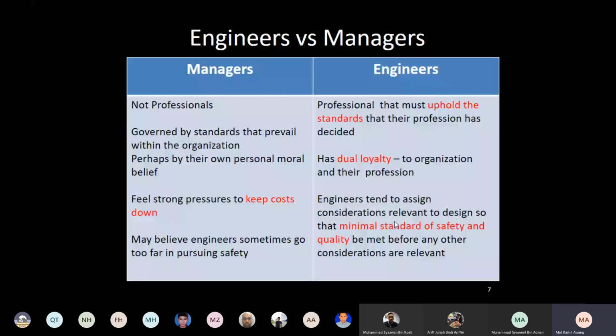Therefore, the managers believe that the engineers sometimes go too far in pursuing safety. They think the engineers are spending too much money and too much time on the safety side of the design. That is actually the difference between engineers and managers.